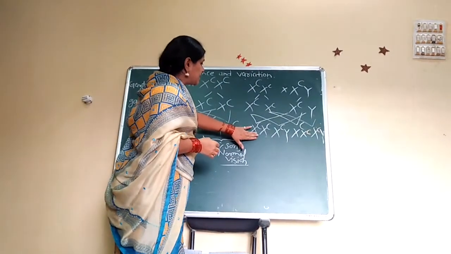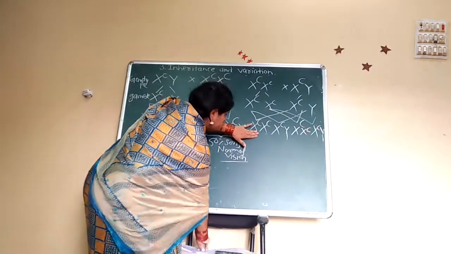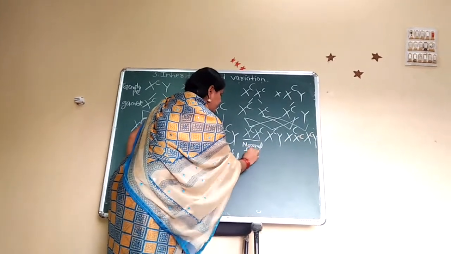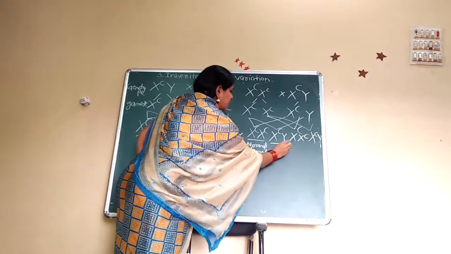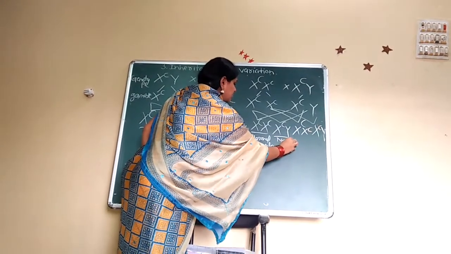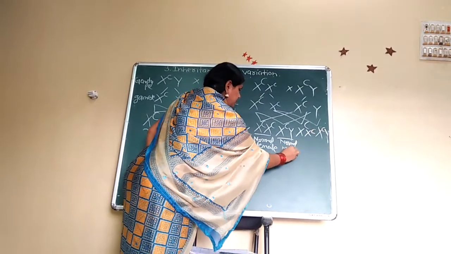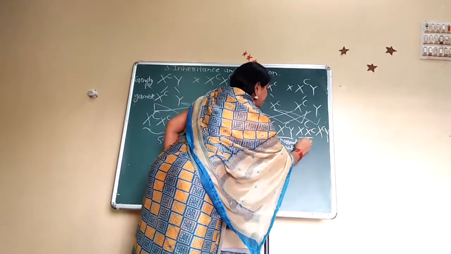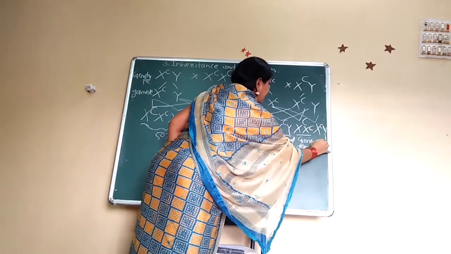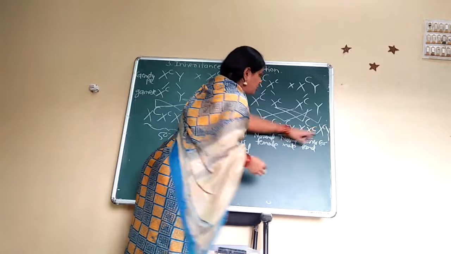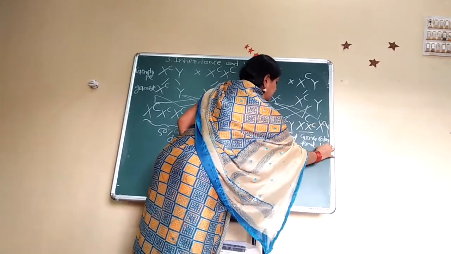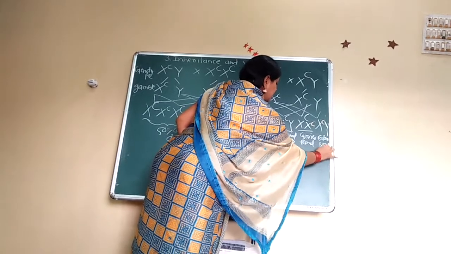Here this is the normal female, normal female, normal male, carrier female, and color blind because of the only small c, color blind male.